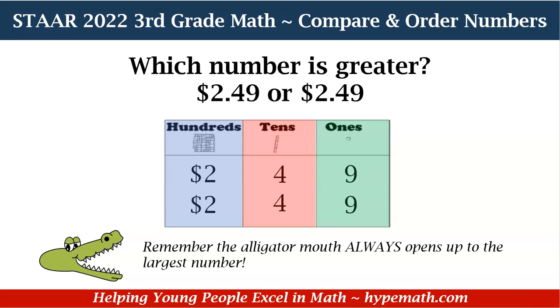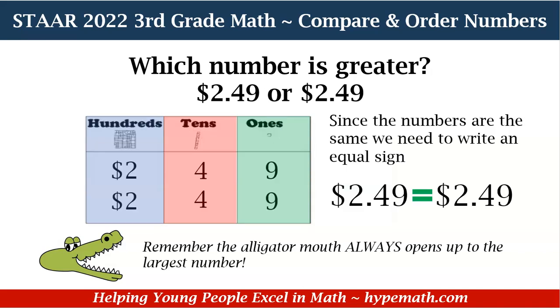In the ones place we have a 2, in the tenths place we have a 4, and in the hundredths place we have a 9. And if you notice, the numbers are the same for each place value. So as we keep moving to the right to see if we have a different number, we do not. So our answer will be $2.49 is equal to $2.49.